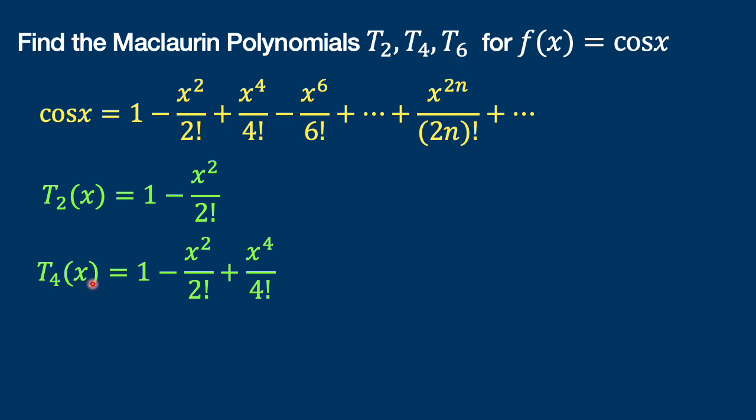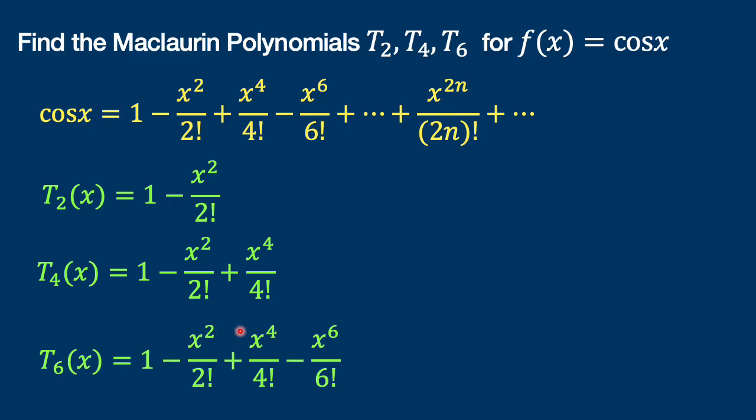T4 this time goes until degree 4, so 1 minus x squared over 2 factorial plus x to the 4th over 4 factorial. T6 takes terms until degree 6.